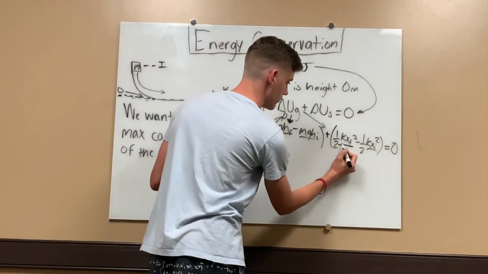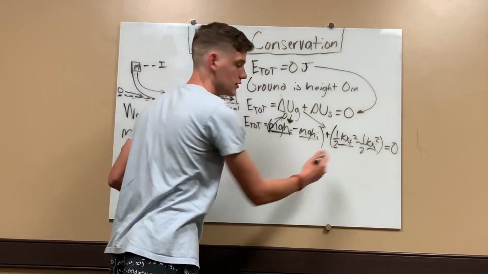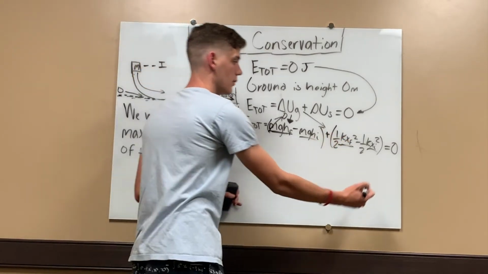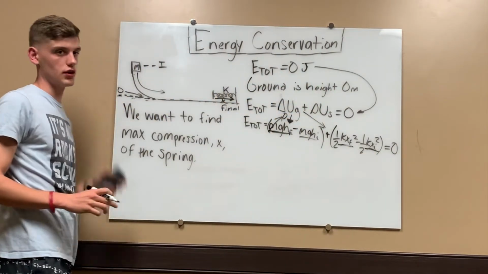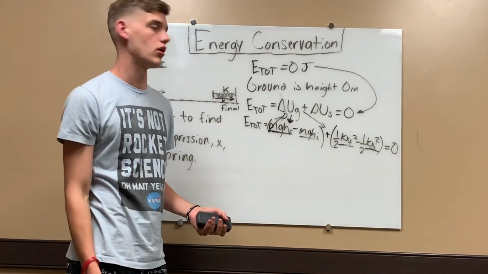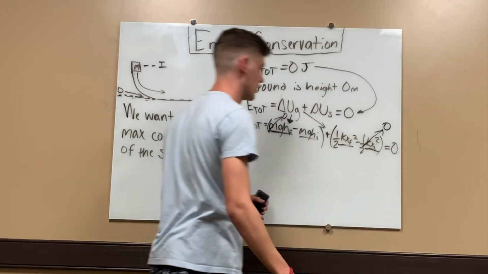So this x is going to have a value, so we can't just cancel that out. And k is a constant above 0, so we can't do anything with this. But in our initial situation, when the block is just resting on this ramp, this spring is completely relaxed. There is no compression at all. So we know we can cancel this out and make it 0.